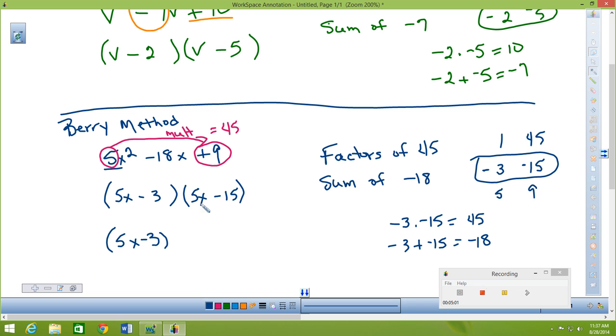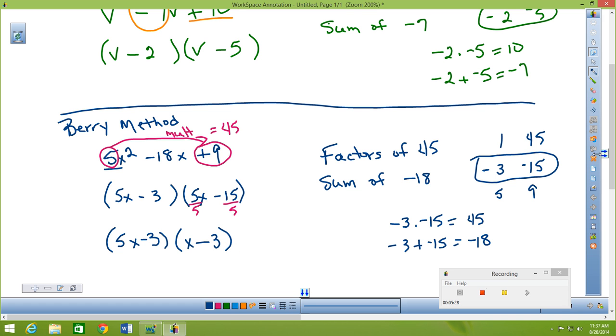But as I look at this one right here, 5x and 15, 5 goes into both of these numbers. So I'm going to divide each of these by 5. 5x divided by 5 is x. 15 divided by 5 is 3, so that becomes x minus 3 right here.